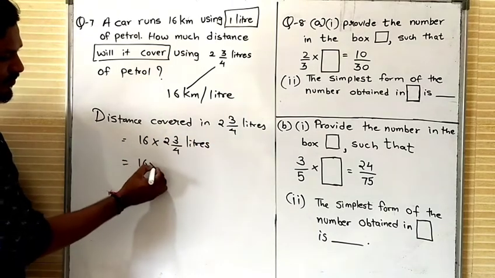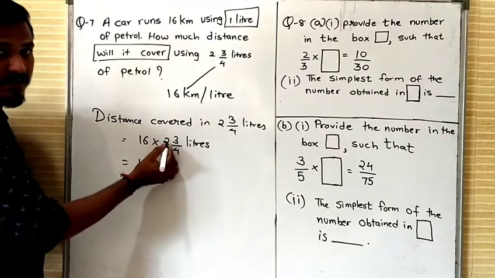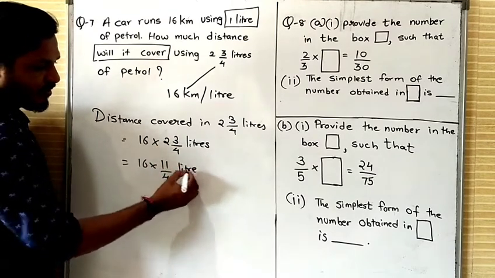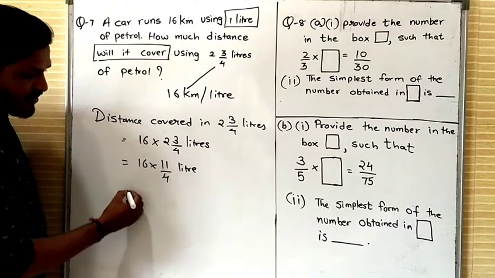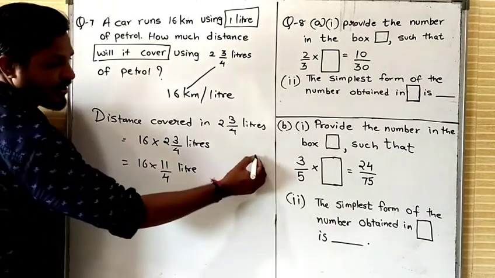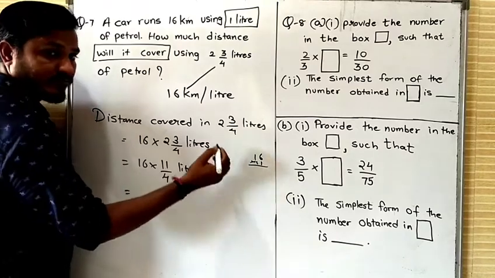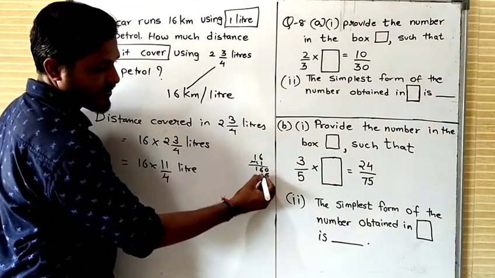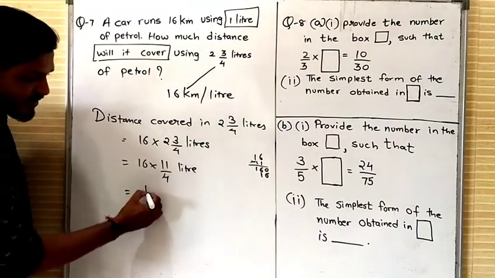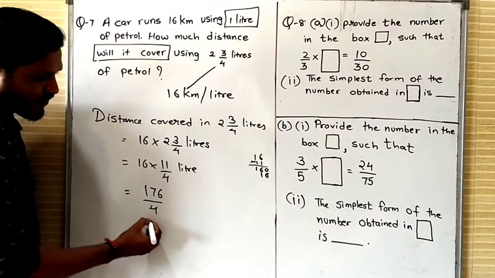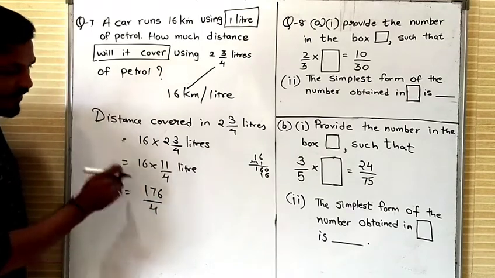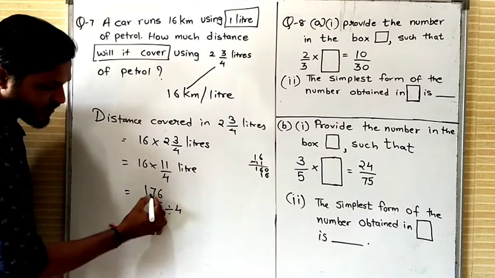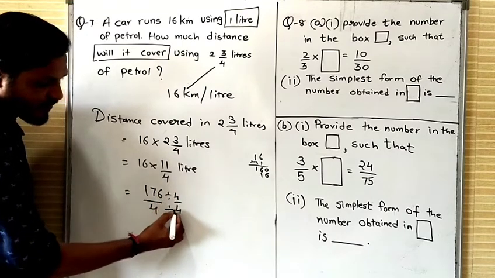So first you convert it. 2 4s are 8, 8 plus 3 is 11 by 4 liters. Here you can't do direct cancellation, you need to multiply. 16 11s are, 1 6 are 6, 1 1s are 1, 1 6 are 6, 1 1 are 1, 176 by 4. Now here it is possible to divide both the values by 4, so put division. 176 divided by 4 and 4 divided by 4.